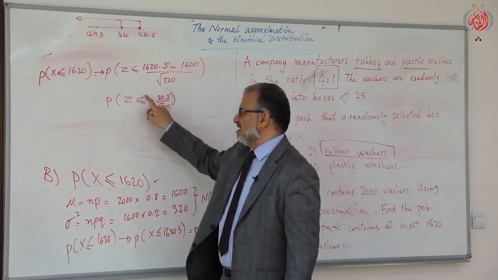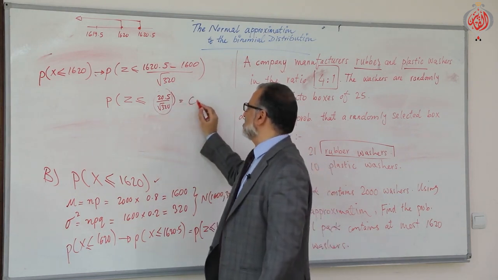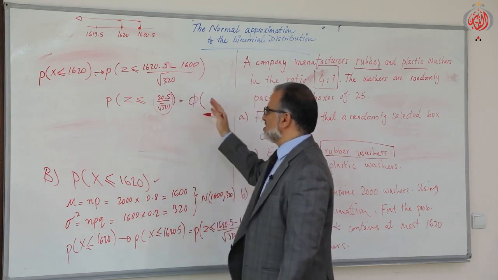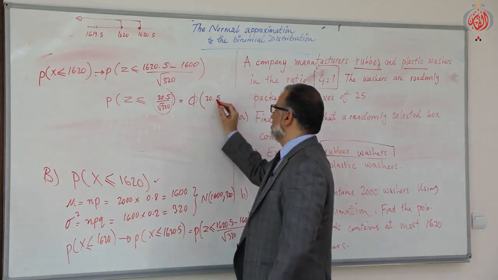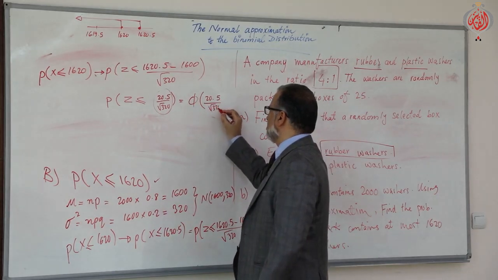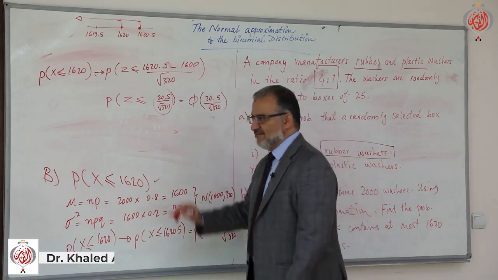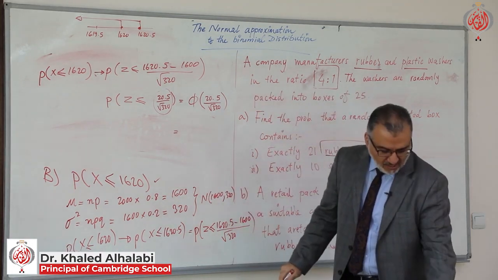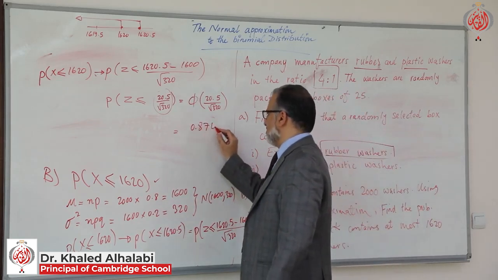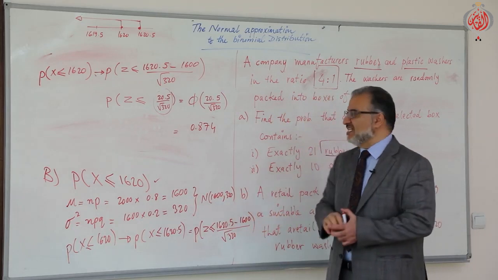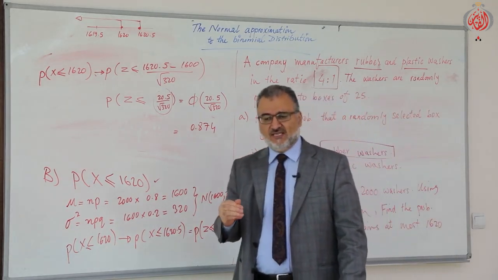Since you have Z less than or equal to a positive value, this is nothing but phi of that value, in decimals to 3 decimal places. Please calculate by the calculator, then by the table, the final answer will be 0.874.